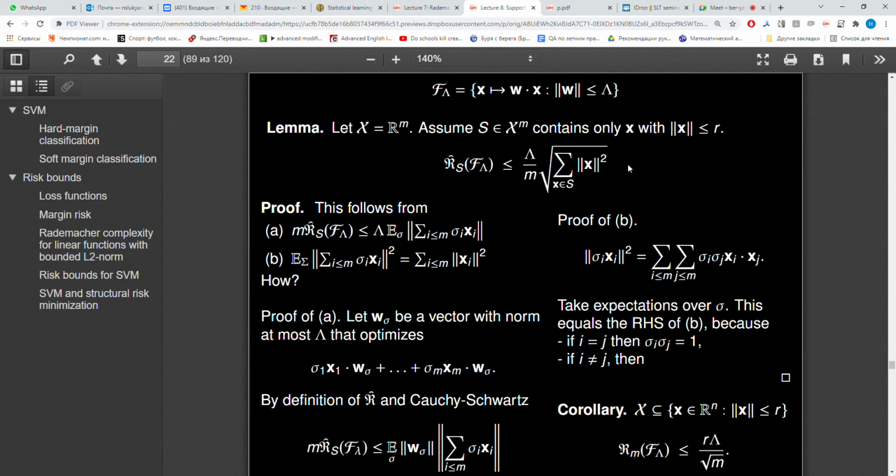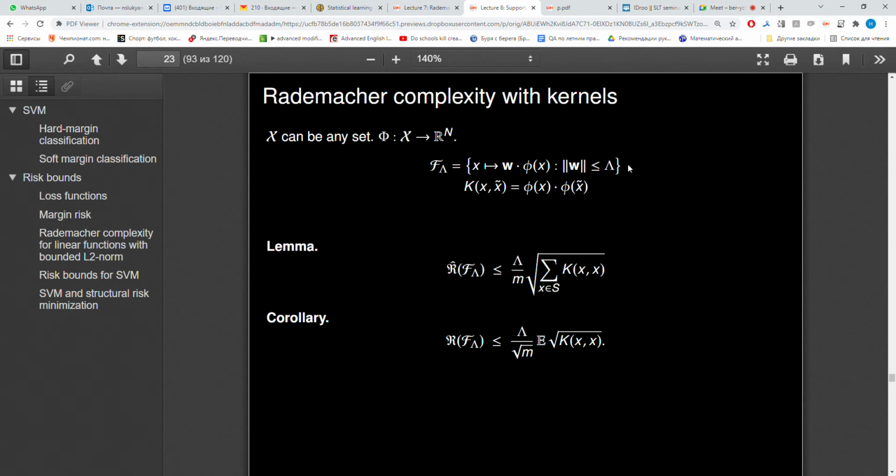It looks terrible, but the best way is just to agree with it. Or if you want, you can read some books like Mohri's books and so on. There is an idea that we can connect the idea of Hilbert spaces with the idea of kernels.